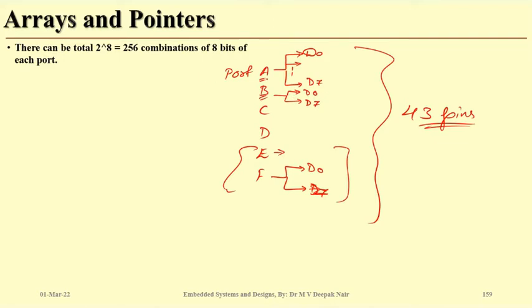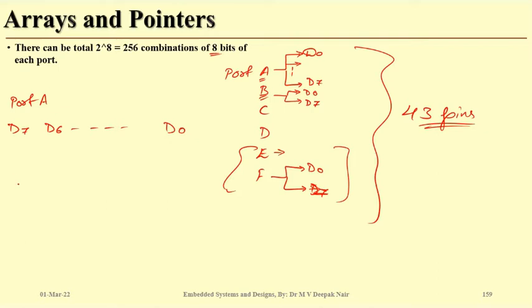Now using 8 different lines, if port A is having 8 bits, that means we can have 2 to the power 8, 256 different combinations which can be generated at each port. Suppose we are talking about port A. Port A will have D7, D6 up to D0. How many different combinations can we generate at these ports?